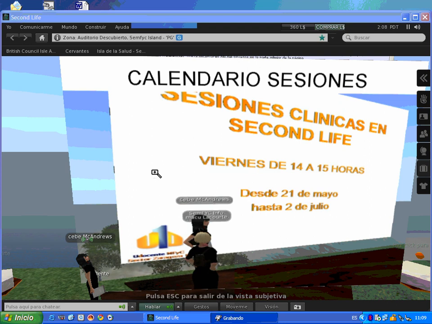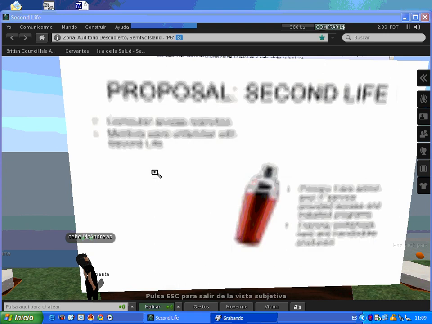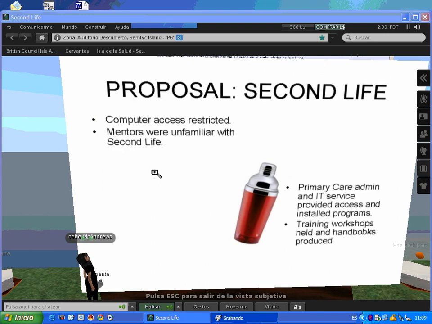Okay, I'm going to explain what we did to solve the problem raised by mentors. We believed Second Life might be used for medical training, but how could it be used? Our catchment area was completely computerized, but all computers had restricted access owing to patient data confidentiality issues and to prevent damage to the system.